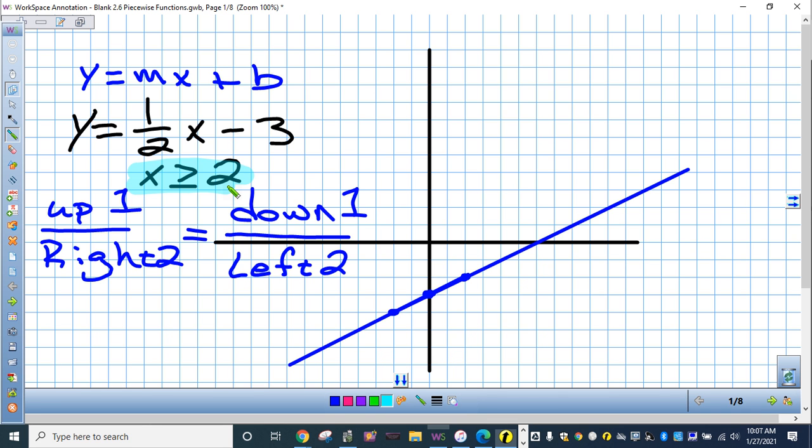X equals 2 is a vertical line that's going to cross the x-axis at 2. So draw in that vertical line, but draw it in dotted. It'll just make more sense if you do. So we're going to draw that dotted line in at x equals 2. And I didn't draw it dotted. Let's try that again.